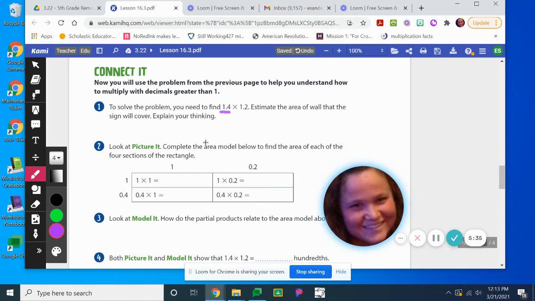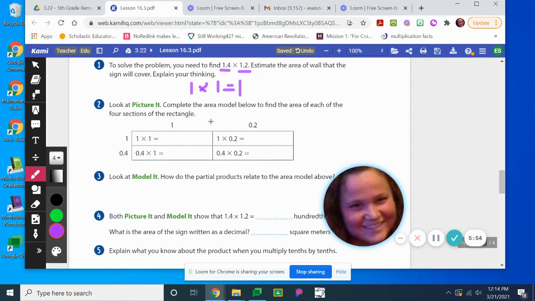But to make this a little bit easier, we're going to call it 1 because 4 would round down anyway. So this is technically 1, and this is technically 1. So we know our answer is going to be about 1. It's going to be pretty close to 1 anyway.